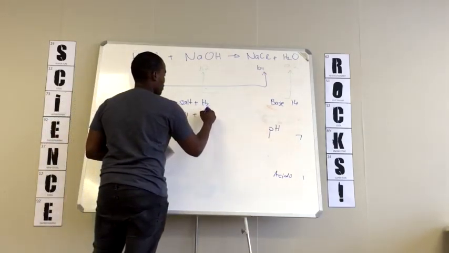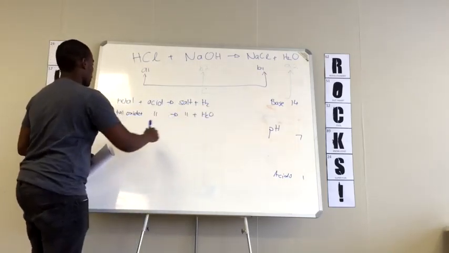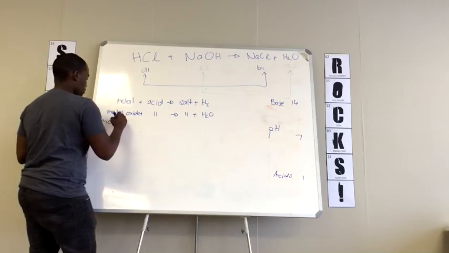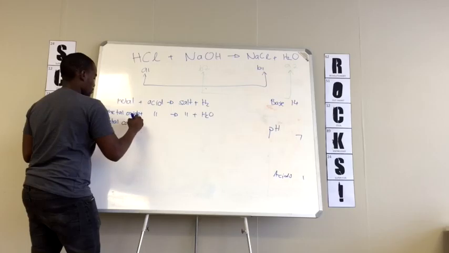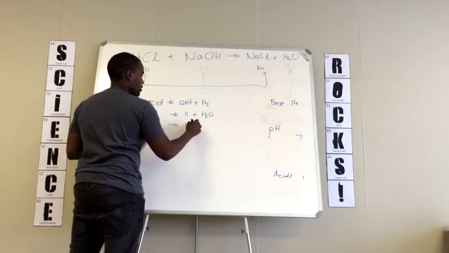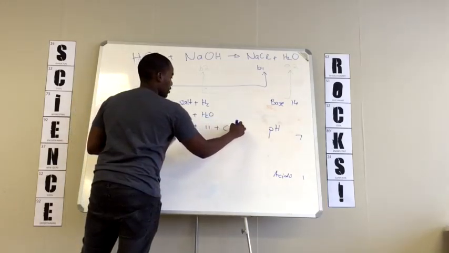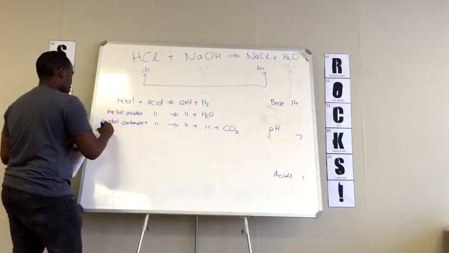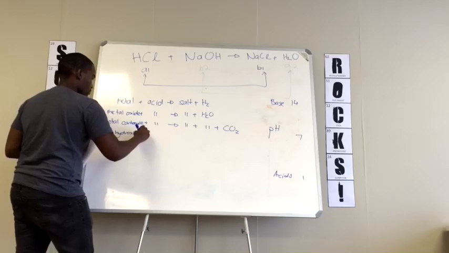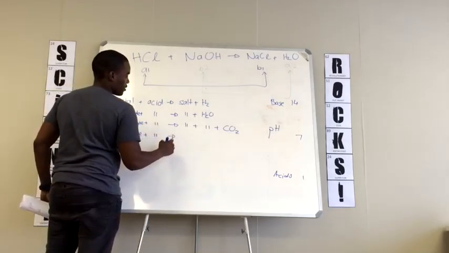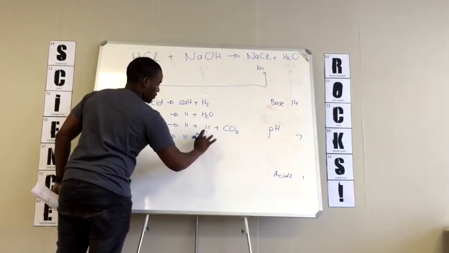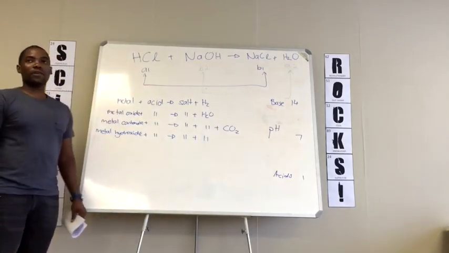Salt and water. If we have a metal carbonate plus acid, we get a salt, water, and carbon dioxide. If we have a metal hydroxide plus an acid, we get a salt and water. Did I leave one out?